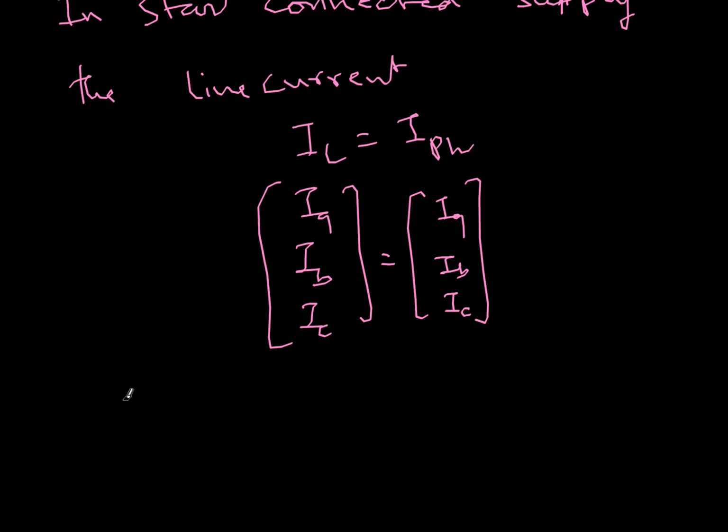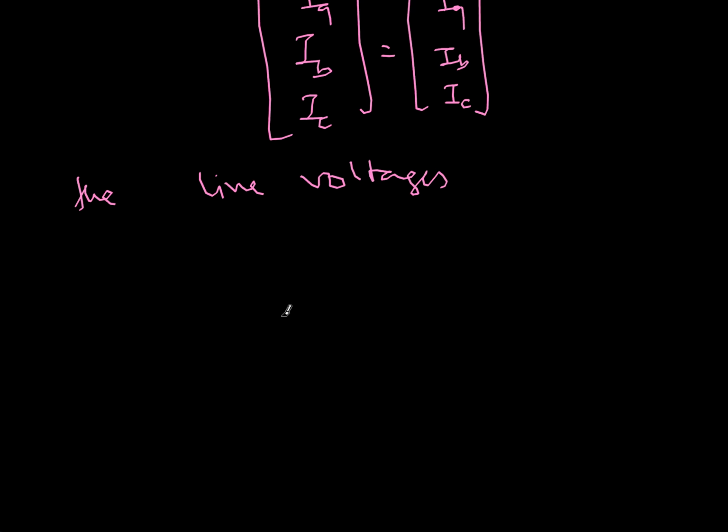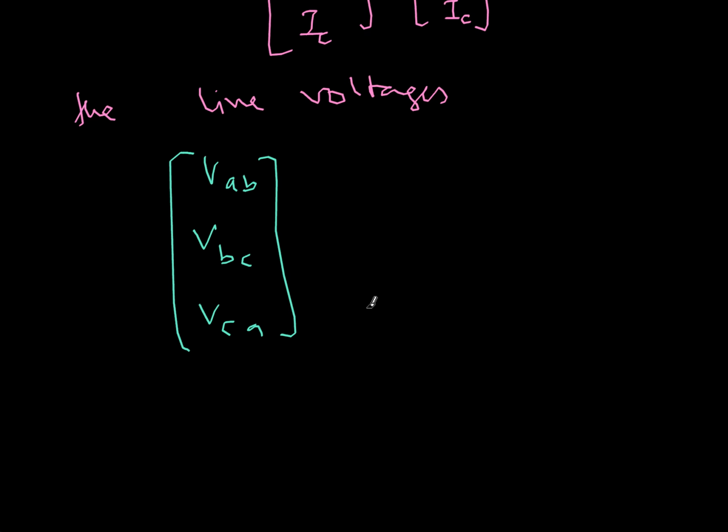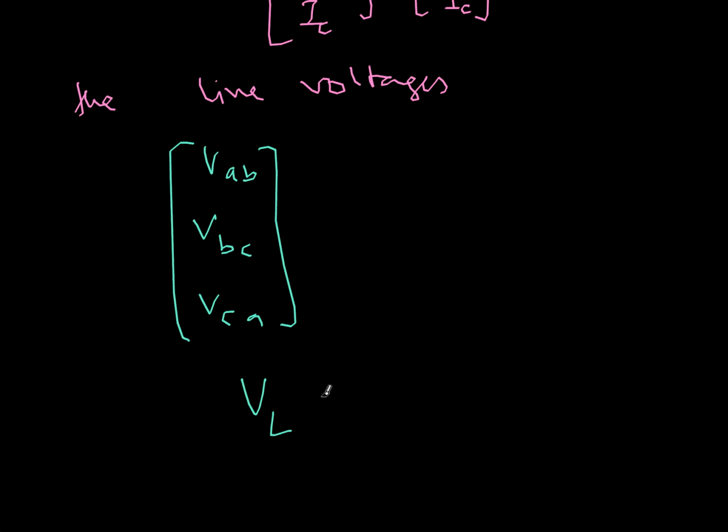Whereas in a star connected supply, the line voltages. So what are the line voltages? So VAB, VBC, VCA. These are the line voltages. Or I can also generally call VL equal to root 3 into V phase, and I'll just write like this, root 3 angle 30 degrees into V phase.